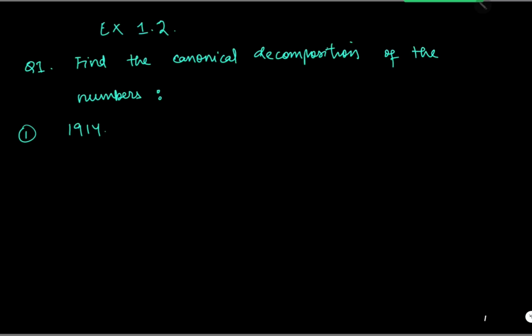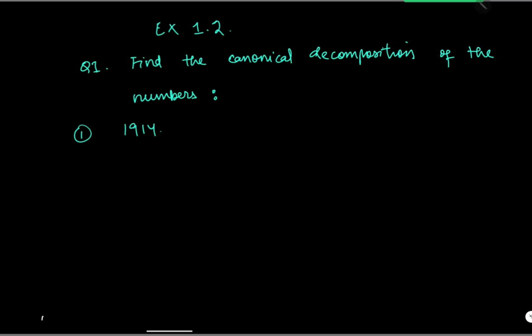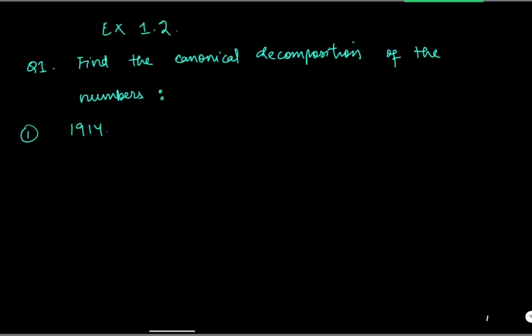Let us move on to question number 1, exercise 1.2. Find the canonical decomposition of the following numbers. Roman number 1, 1914. We will first find the prime factorization of 1914.